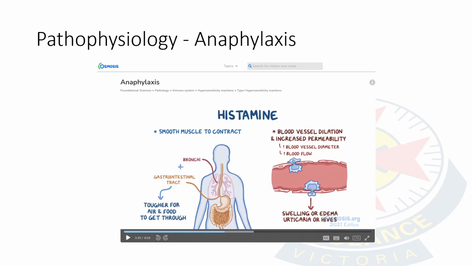When histamine binds to the receptors within the respiratory system and the gastrointestinal tract, it causes smooth muscle contraction, which leads to bronchospasm and vomiting or diarrhea respectively. When histamine binds to receptors within the vasculature, it leads to vasodilation and increased permeability. The dilated vessels and increased permeability of the vasculature creates the distributive shock that we're discussing.